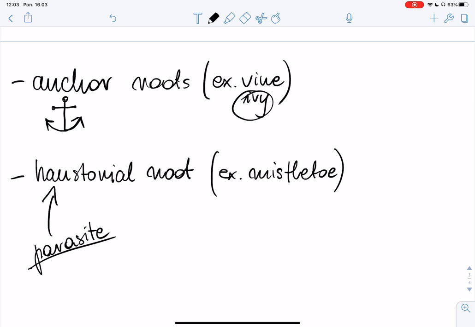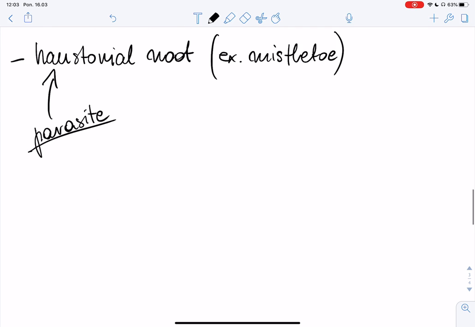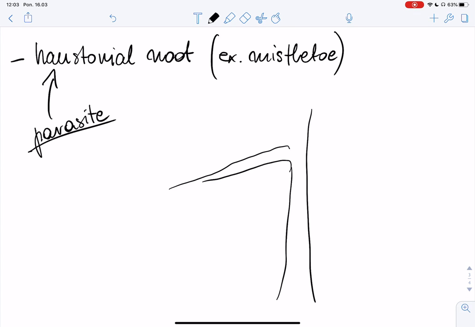It doesn't grow on the ground just like other plants, like most of them. Instead, it just finds a tree. Here we have a tree, here it's its branch, so and so on and so on. And guys, mistletoe will just find a place in the bark of a tree, kora, and it will stick to the tree using its haustorial roots.